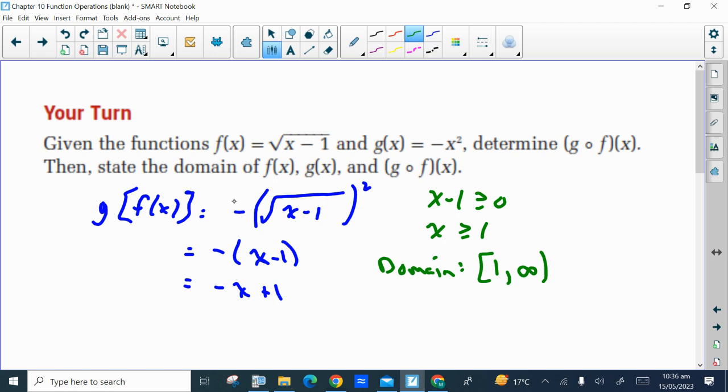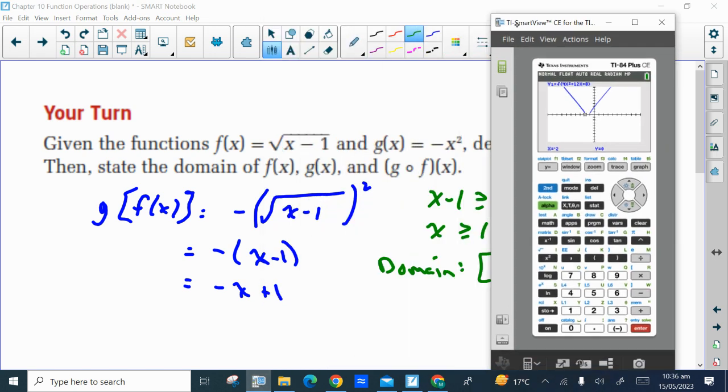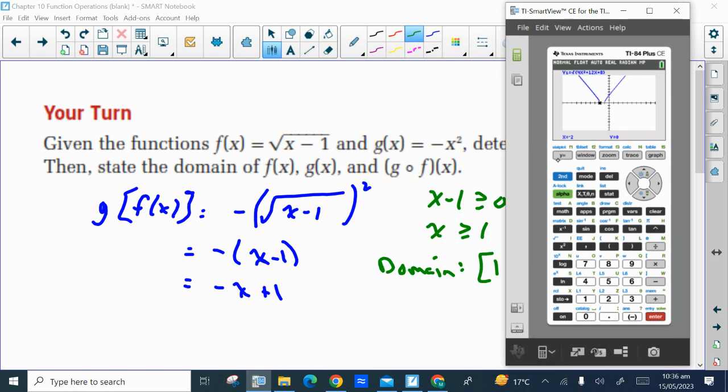Now, because of this negative sign in front, remember that causes a reflection over the x-axis. Instead of going upwards, this one is going to go downwards, which we can confirm by putting it into our graphing calculator. Again, the original expression: negative, and then we'll take our square root of x minus 1.